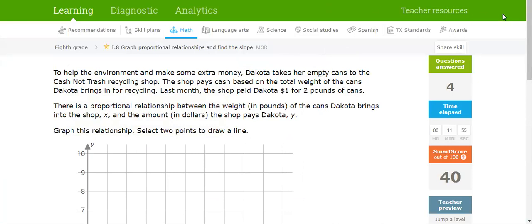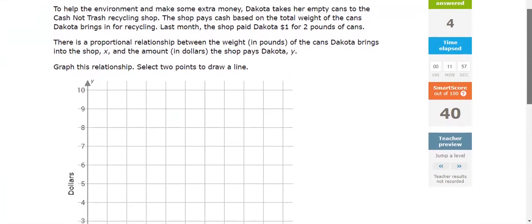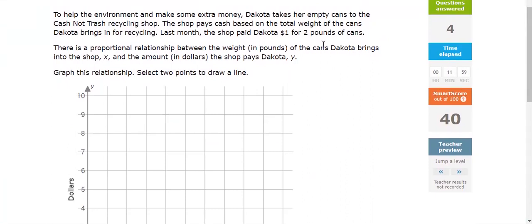All right, first of all, let's see what X is here. So the X is the weight of the cans Dakota brings into the shop, and the Y is the amount the shop pays Dakota. So last month, the shop paid Dakota $1 for 2 pounds of cans.